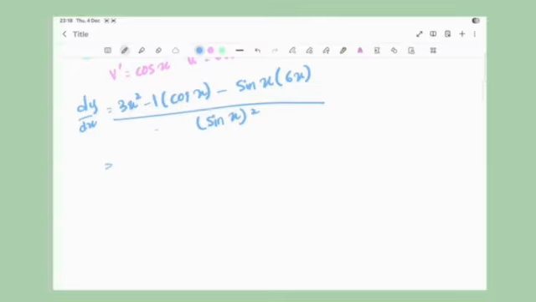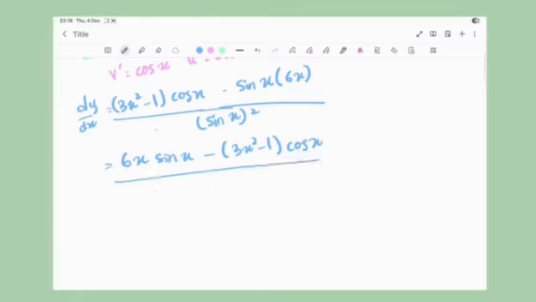Then it becomes 6x sin x minus (3x squared minus 1) cos x, divided by sin squared x. So this is the final answer.